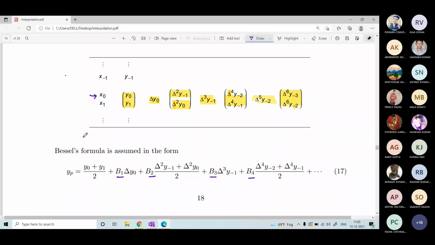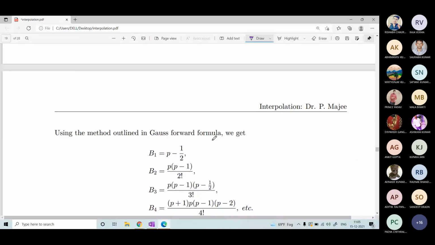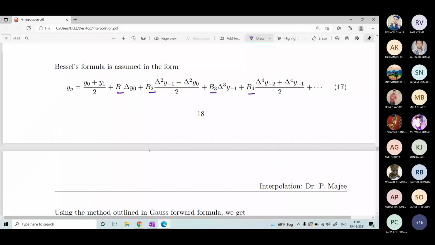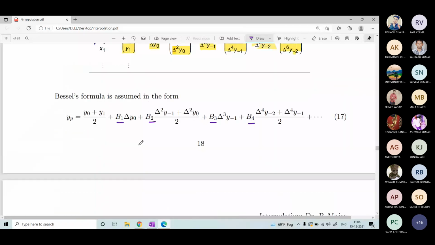You know the process of expressing any higher order differences in terms of x naught and y naught, by taking the help of the shift operator. Once you do it and identify b1, b2, b3, b4, your formula will be ready to apply.